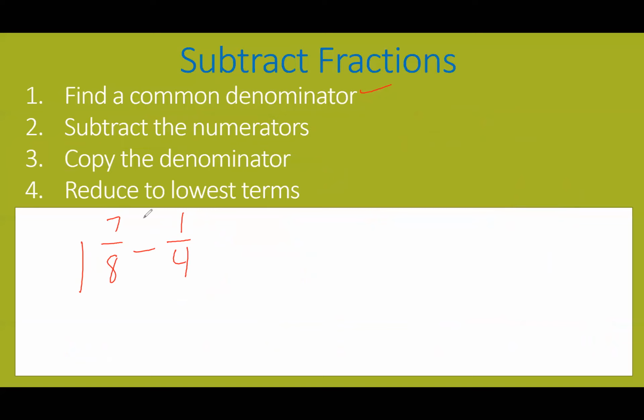What step do I need to do first? I need to turn the mixed number into a fraction. Into only a fraction, right? Because the mixed number has a whole number and a fraction.